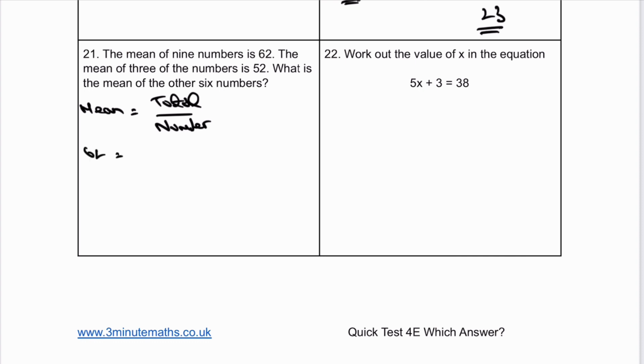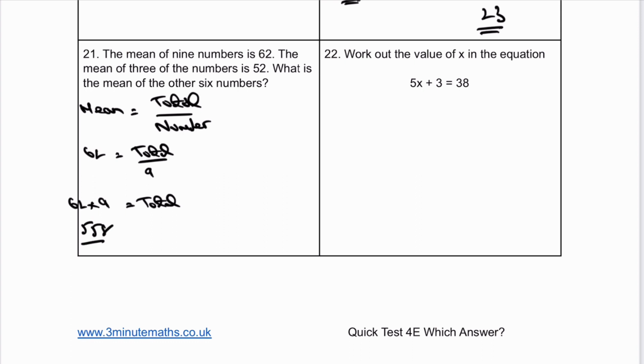So 62 equals my total divided by 9 numbers. So therefore, for those 9 numbers, my total is going to equal 62 times 9, and however you do that, which is going to equal 558. Okay, which is my total.